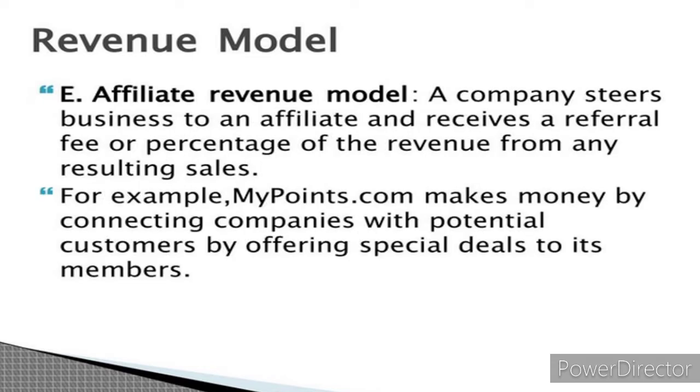Last one, affiliate revenue model. Merchants and vendors partner up with well-known e-commerce platforms to advertise and sell their products, giving them a percentage of the profit as a commission. Affiliate marketing is a well-known way of inviting as well as driving quality leads into their business.